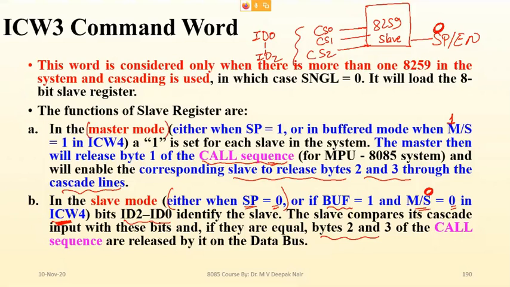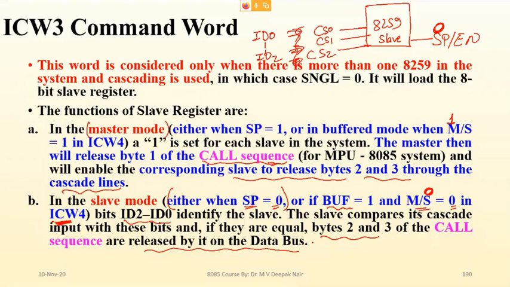If they are equal, that means the cascade bits and the IDs present in ICW3 are equal, then bytes 2 and 3 of the call sequence will be released on the data bus.